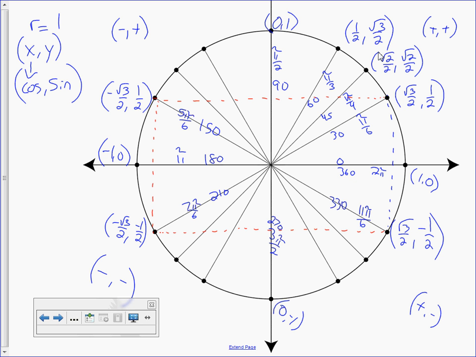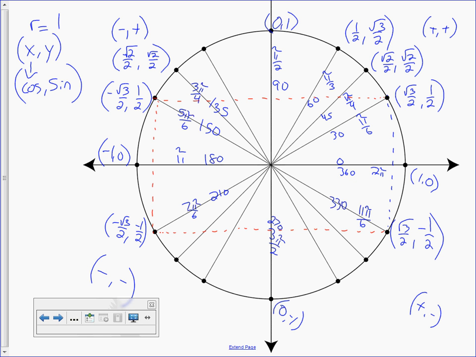As you come across from pi over 4, we know that this becomes 3 pi over 4, otherwise known as 135 degrees. The ordered pair here is going to be what and what? Negative root 2 over 2 and root 2 over 2.